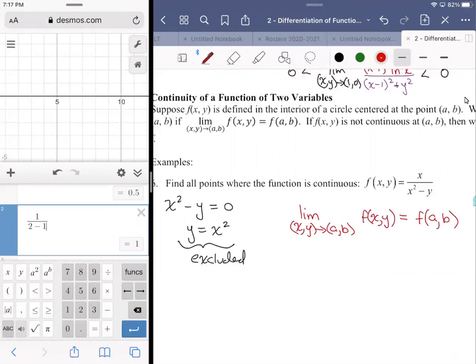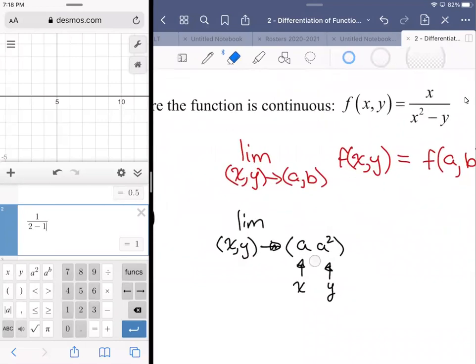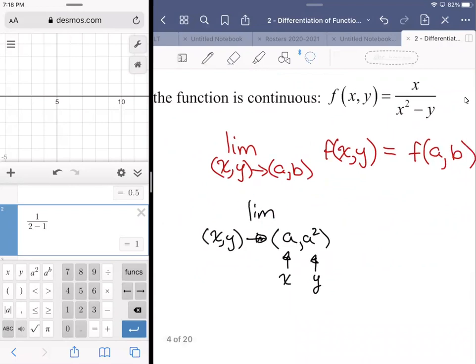We know y is equal to x squared, so I could rewrite this limit as (x, y) approaching, instead of (a, b), because a is the x value and b is the y value, I would want the x and y values to be in the form of y equals x squared. So here's my a, and I would call this a squared, of f(x, y).